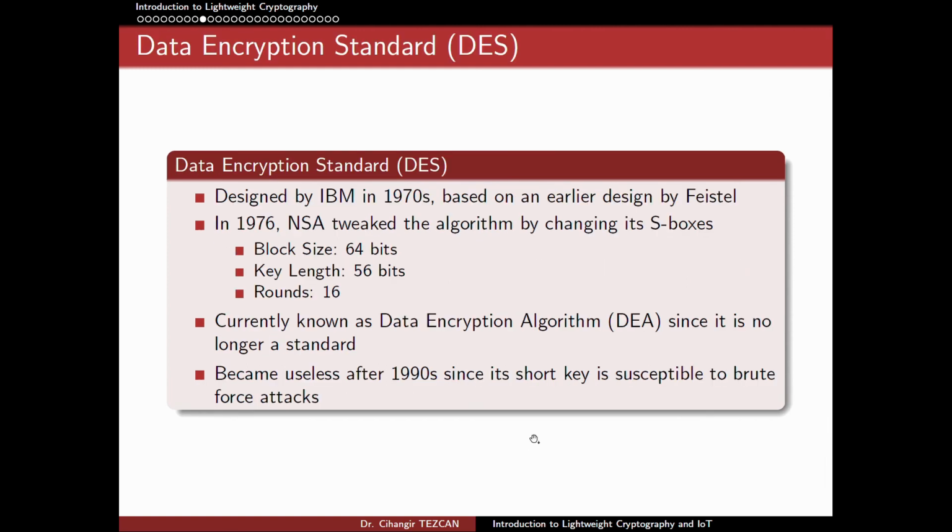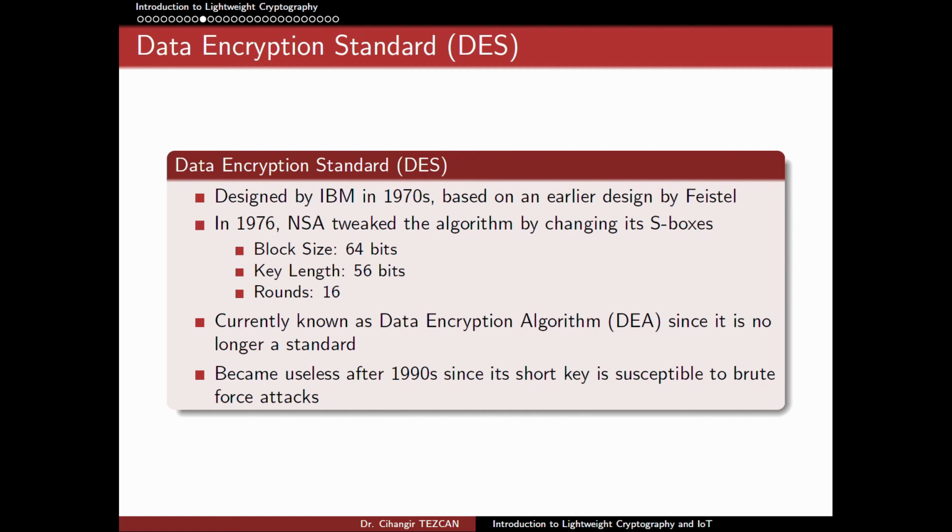Probably the best known block cipher is DES, the Data Encryption Standard. It was designed by IBM in the 1970s and it was based on an earlier design by Feistel. In 1976, NSA tweaked the algorithm by changing its S-boxes.